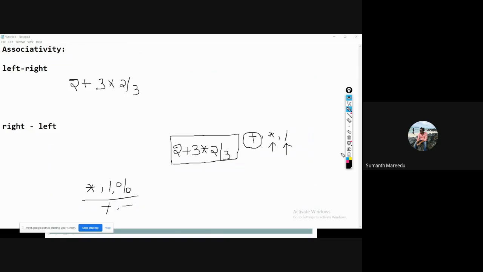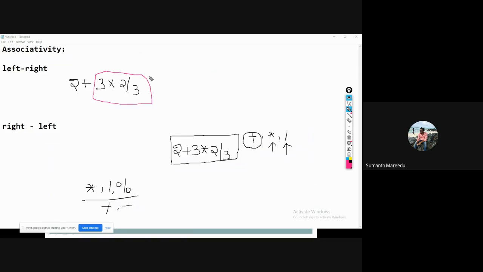Out of this, these two operators, multiplication and division, have high precedence. Now I need to choose which operator to apply first, whether I should apply multiplication or division.